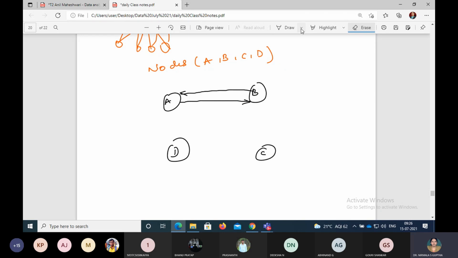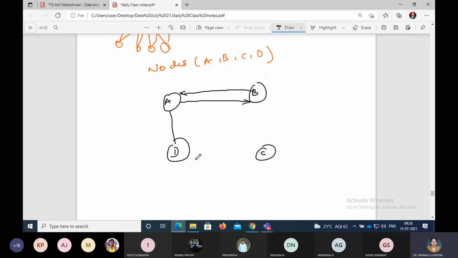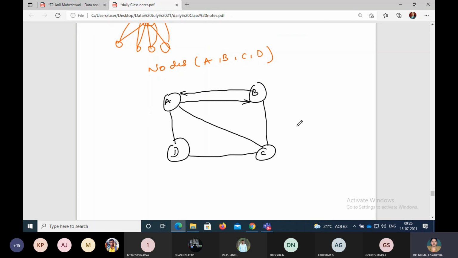This is one, this is one, and A to C is also one. So let us write the arrow marks pointing from where to where. B to C, there is a flow. A to C, there is a flow. C to D, there is a flow. Then D to A.